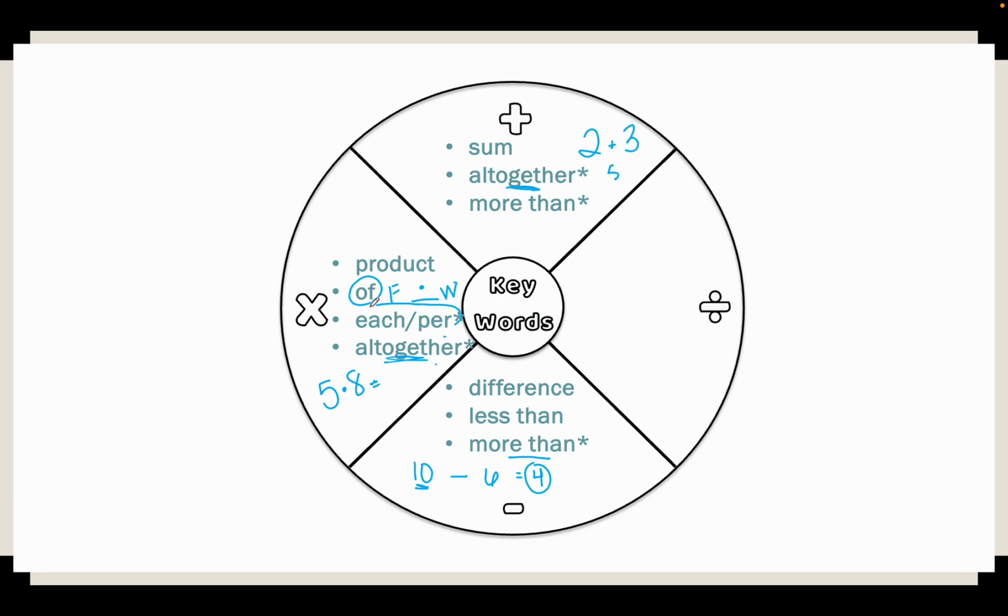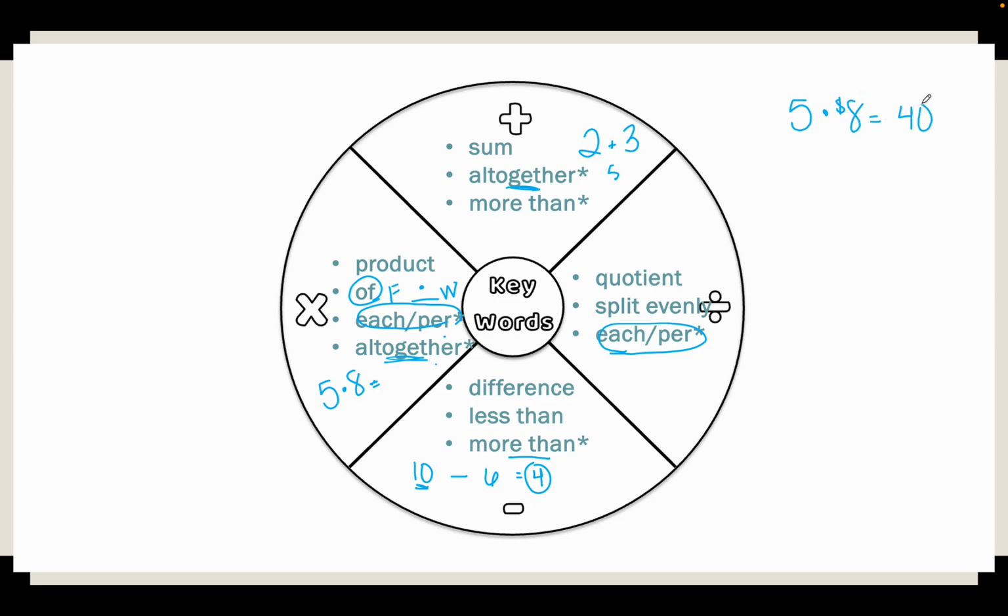This one here, each and per, you'll see I also put that under division. So division is quotient, or if something is split evenly, that's division, and then you'll see this each and per again. And then just like the more than with addition and subtraction, this depends on what the information is that's given in the problem, how it's worded. So again, if I have 5 t-shirts and they're $8 each, or per t-shirt, what's the total?